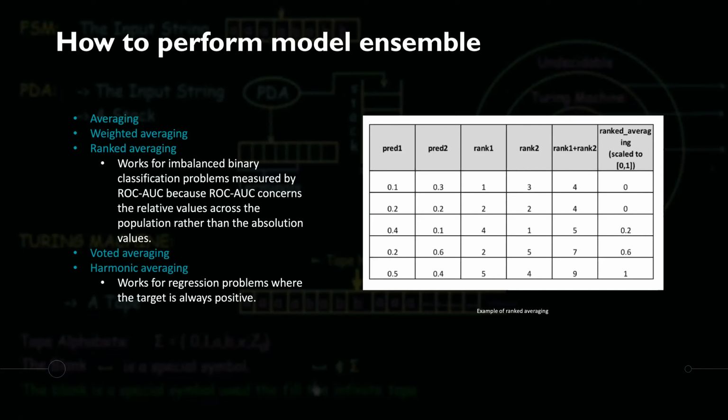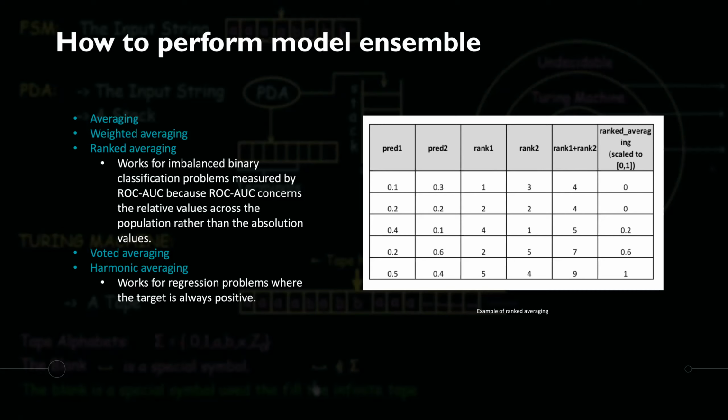We can do it through averaging, weighted averaging, ranked averaging, or voted averaging. Voted averaging works when we only care about the classification outputs, but it does not work for regression problems.